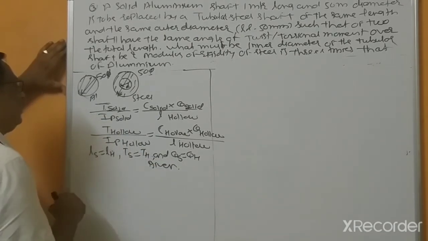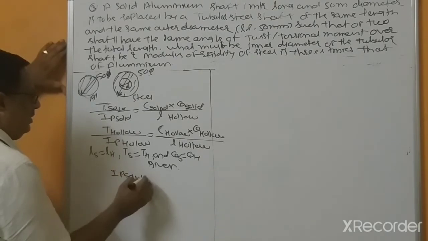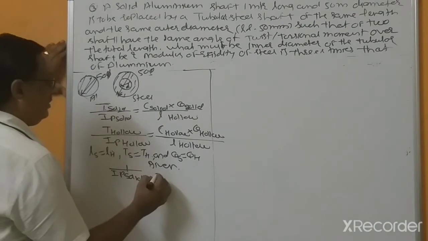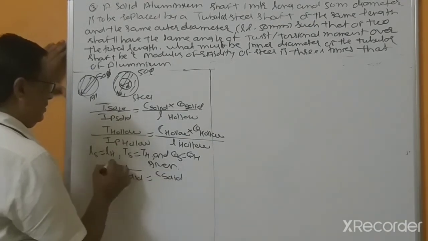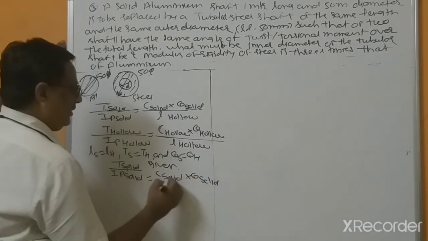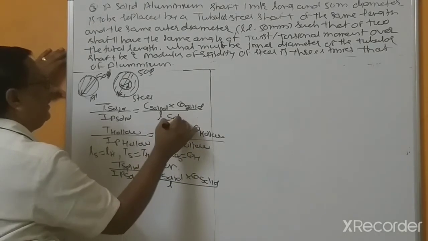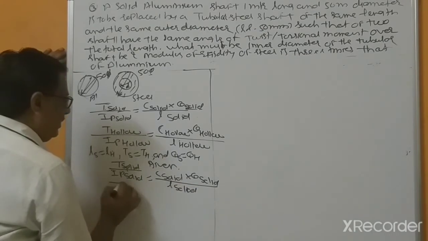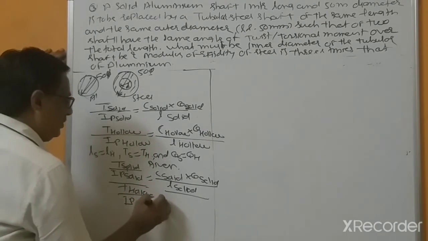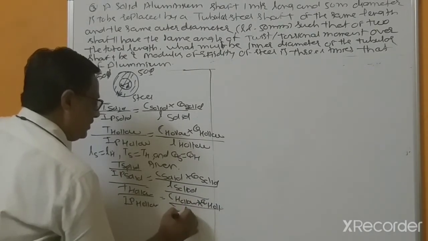So that's why here this will get cancelled, and only IP solid equal to, and this is 1 divided by C solid, otherwise this I write here: T solid divided by IP solid, equal to T hollow divided by polar moment of inertia hollow, equal to C hollow, and this is length hollow.